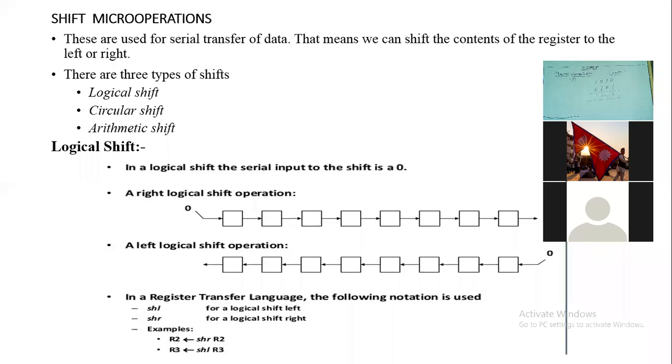Okay, so these are the arithmetic operations and logical operations. Now, next is the important one, that is the shift operation. What is a shift operation? The next micro operation is the shift micro operation.